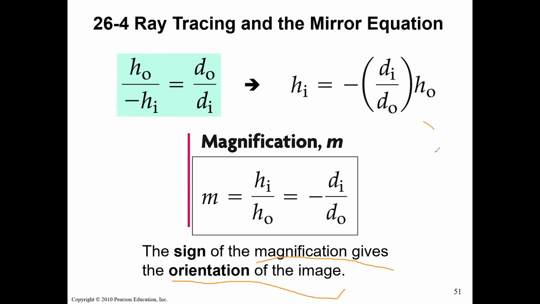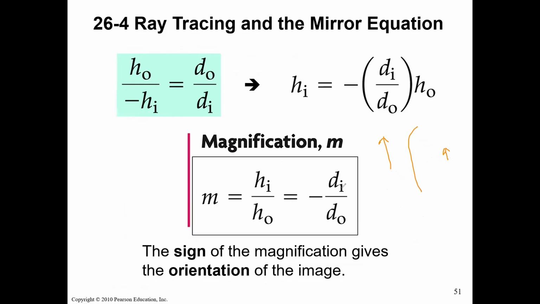For example, if you have a concave mirror, you have a real image, so D_I and D_O are both positive. So this magnification is smaller than 0. Why? Because the image is an inverted image. On the other hand, if you have a convex mirror, you have a real object, but then you have a virtual image.